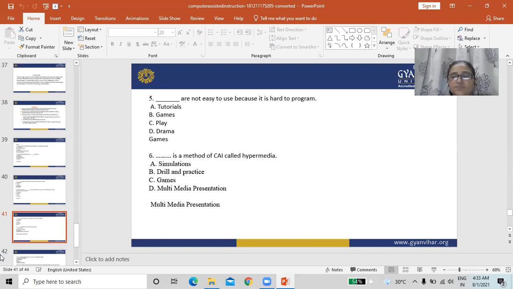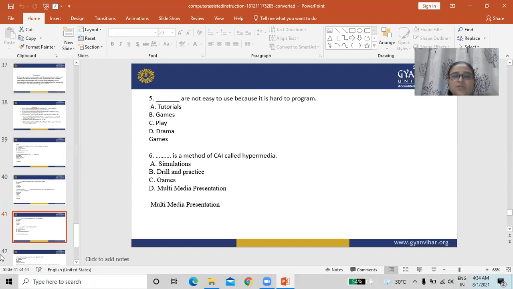Next MCQ. The blank is not easy to use because it is hard to program. Option A tutorial, option B game, option C play, option D drama. Correct answer is option B, game.